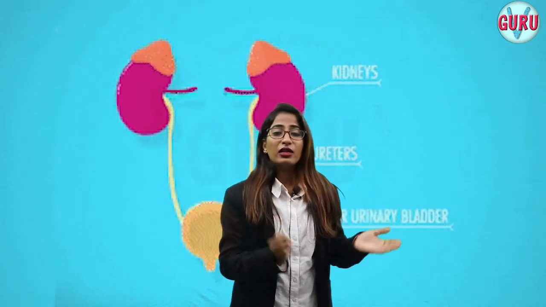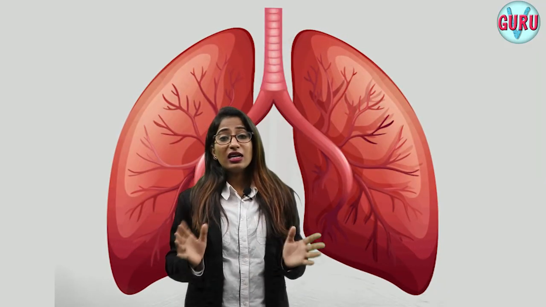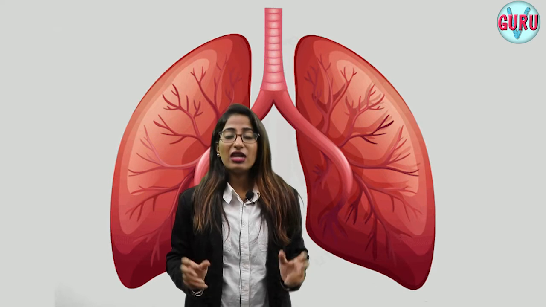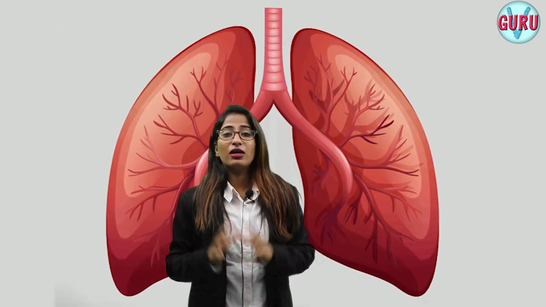And how much urine is stored in the urinary bladder? The capacity is around 300 ml to 800 ml. And next, we have discussed the excretory system in the body. Apart from the kidneys, there are other structures in the body which excrete different other materials.